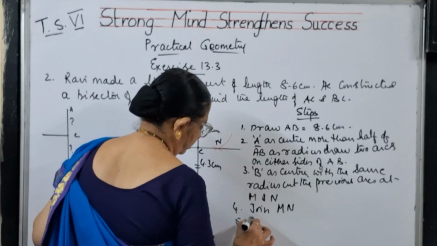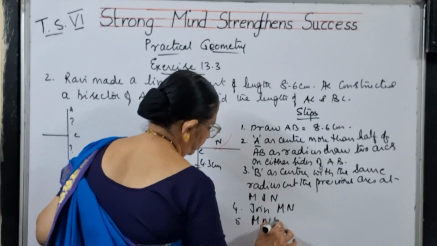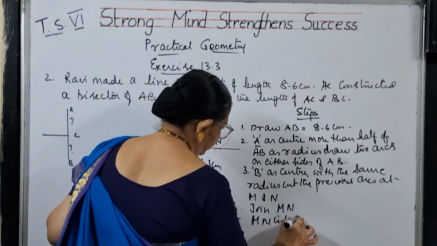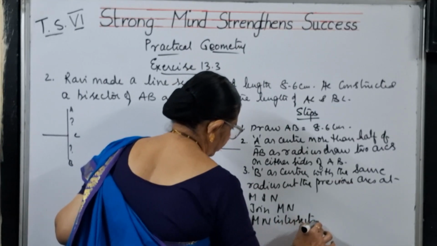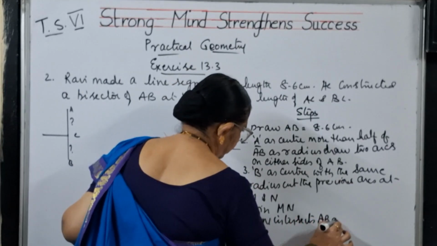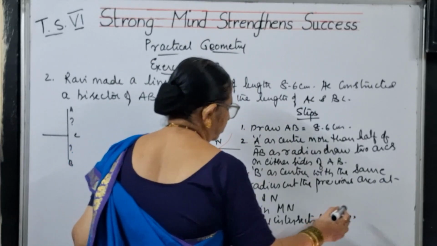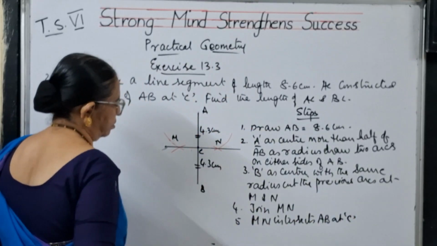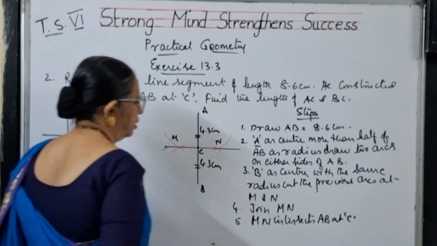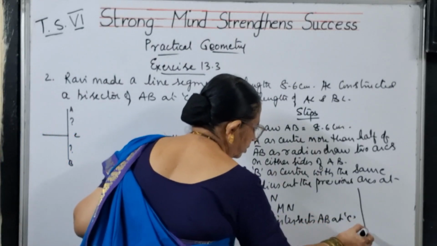Fifth, MN intersects AB at C. Now, this is the construction that you have done, and you have even found the measures.